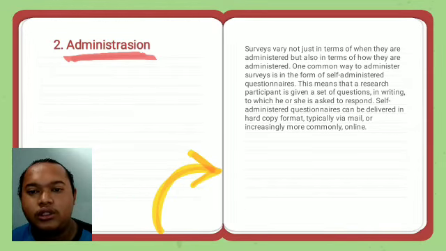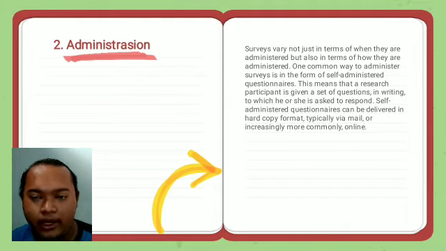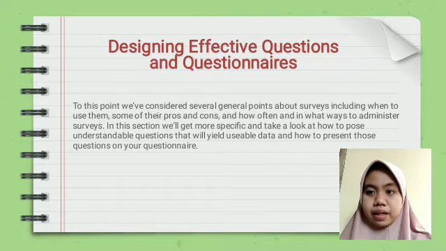Self-administered questionnaires can be delivered in hard copy format, typically via mail, or increasingly more commonly online. Designing effective questions and questionnaires. To this point, we've considered several general points about surveys, including when to use them, some of their pros and cons, and how often and in what ways to administer surveys.